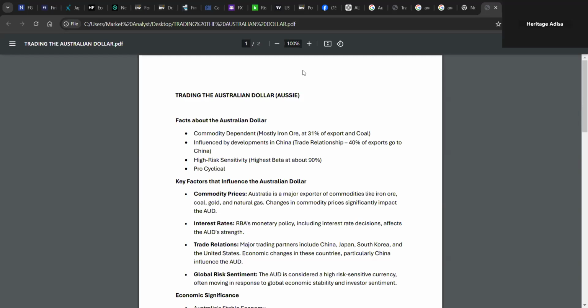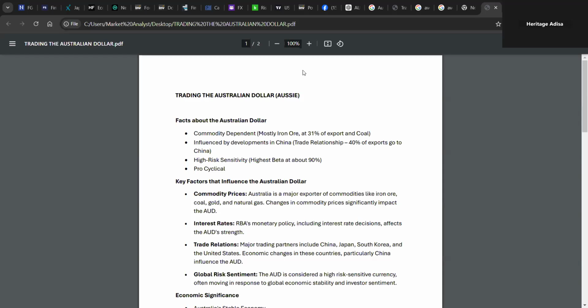So as a trader, you want to also pay attention to the developments in China because of their trade relationship. Good news for China positively influences the Australian dollar. Bad news for China, the currency particularly, also negatively influences the Australian dollar.